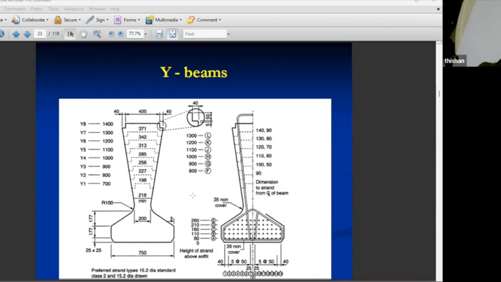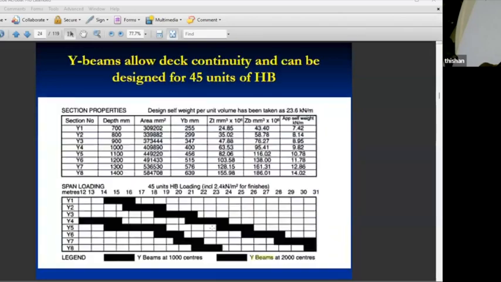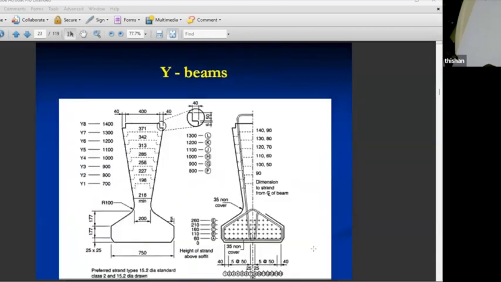So when you place them at 1 meter interval, you get a gap of 500 millimeter. That is good enough for any bridge inspection, or even to apply any epoxy or coatings. And if you look at the span, you can see the maximum span is up to about 31 meters. So these are the 3 variations that we can get.